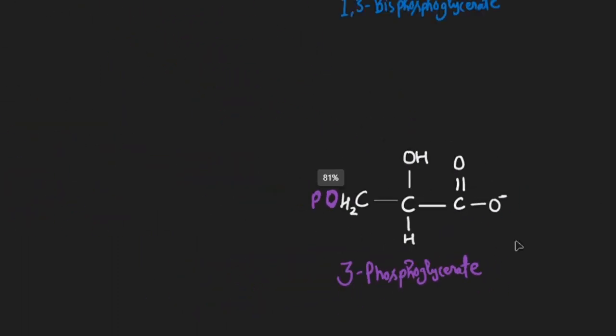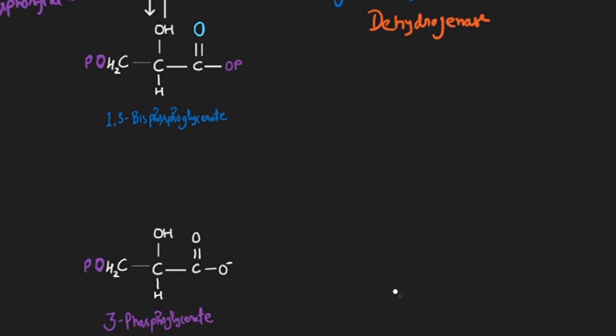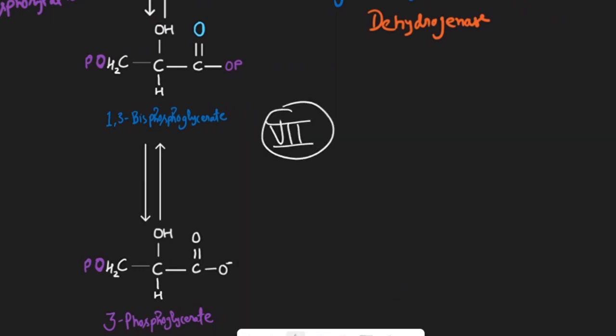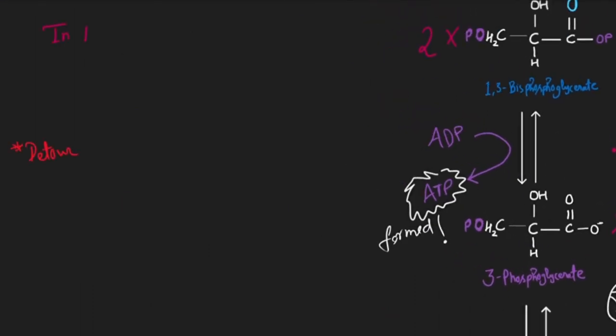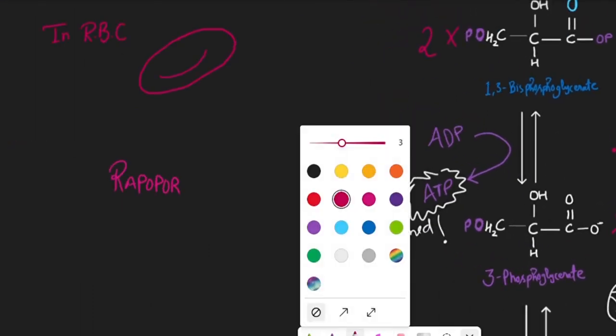Something interesting happens when 1,3-bisphosphoglycerate is to be converted into 3-phosphoglycerate in step number 7, catalyzed by phosphoglycerate kinase. In RBCs, this takes a detour, named the Rappaport-Lewis shunt.